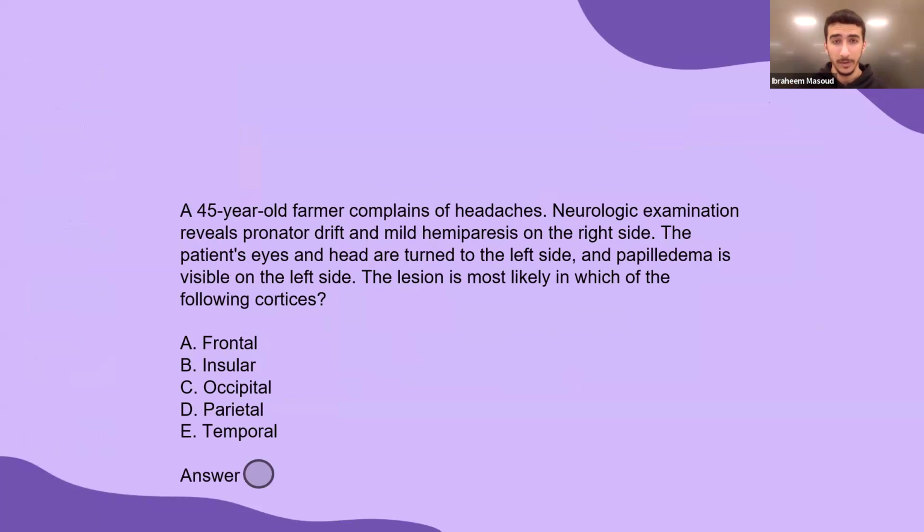Headache, drift, hemiparesis, turn to the left side, papilledema. Which of the following? So what type of problem is this guy having? Motor, sensory, what type of problem? Eye, ear, occipital. You said occipital. Why occipital? What does the occipital lobe do?